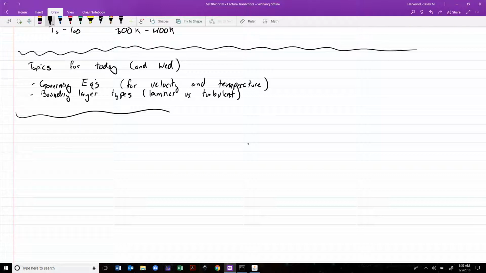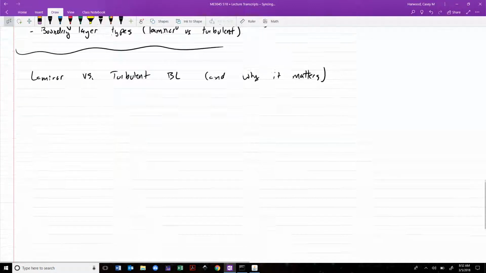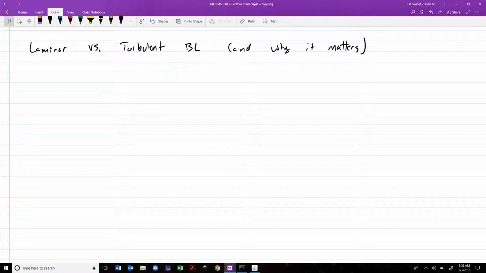So, laminar versus turbulent boundary layers and why it matters. The idea is flow past some solid object. Again, we'll leave this as a flat plate because it's the easiest to work with.